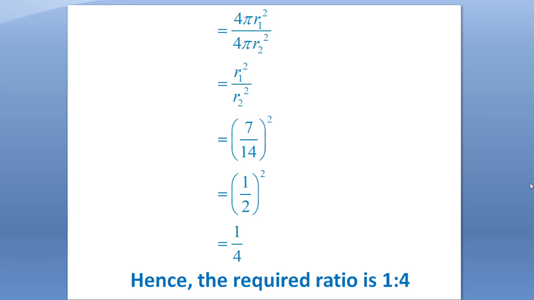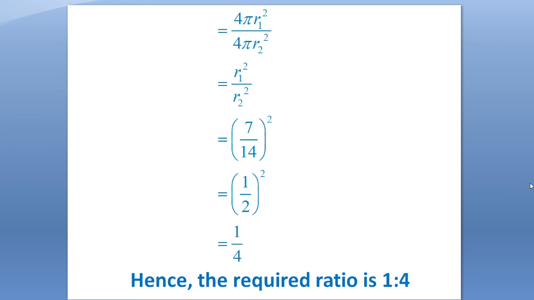So initial surface area is 4 pi r1 square and surface area after pumping air into the balloon is 4 pi r2 square. So 4 pi cancels out. So it is equal to r1 square divided by r2 square.